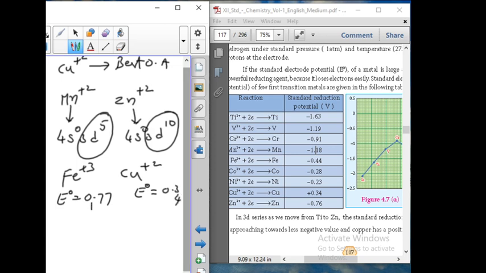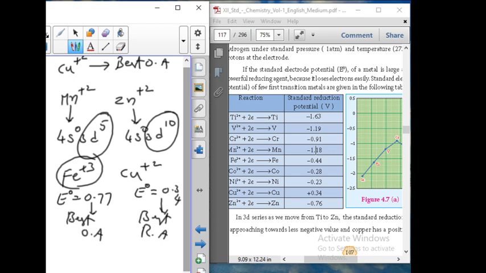So already we know which is having the high reduction potential values. Here higher oxidation states of the elements can act as best oxidizing, and lower oxidation states can act as best reducing. So as per our rules previously, this is the best reducing agent and this is the best oxidizing agent.